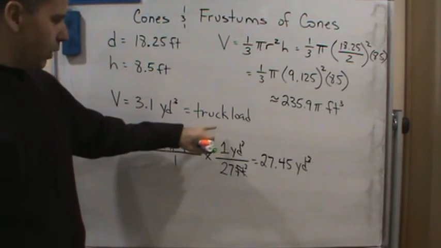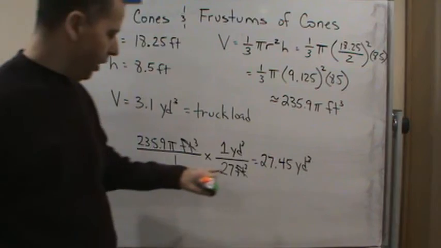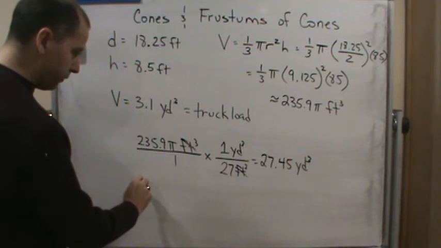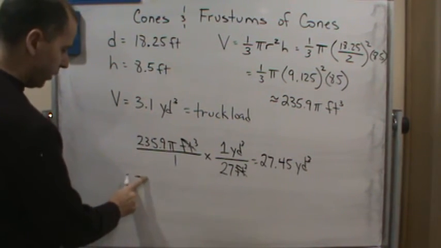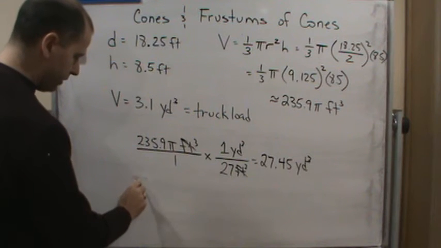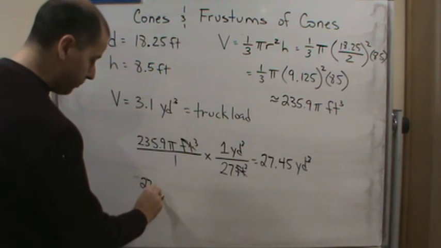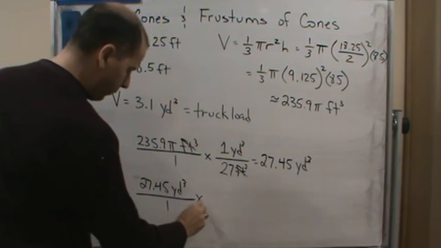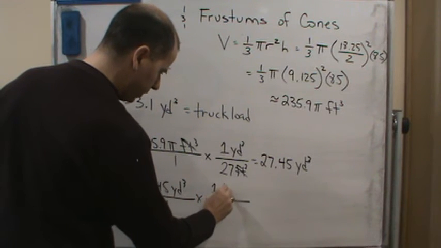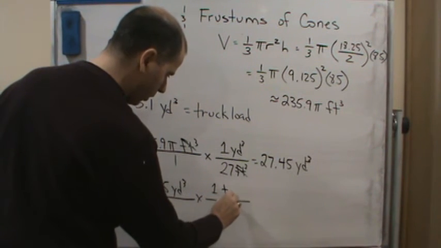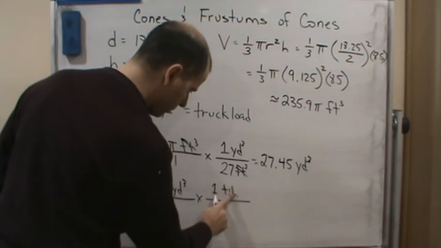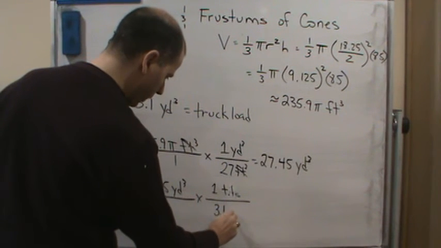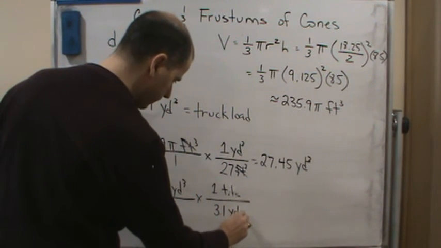3.1 cubic yards equals 1 truckload. So how many truckloads are we going to need? Well, let's divide. And if you don't see that, just set up your conversion. We want truckloads. So if we take 27.45 cubic yards over 1, and we want truckloads, so 1 truckload, I'll call it TL, 1 truckload is equal to 3.1 cubic yards.